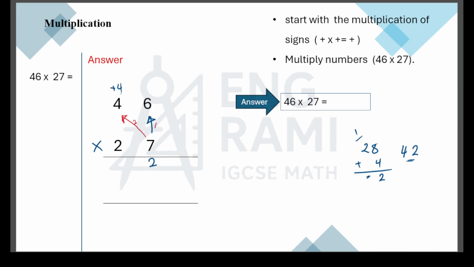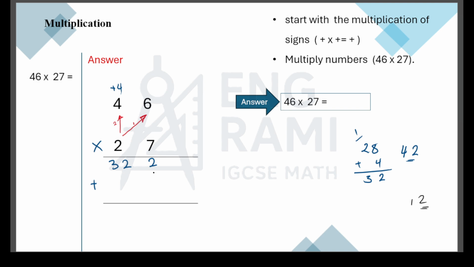So we have to write 32. So we stop here, we finish multiplication of the number 7. Then we have to multiply 2 with 6, multiply 2 with 4. 2 times 6 equals 12.